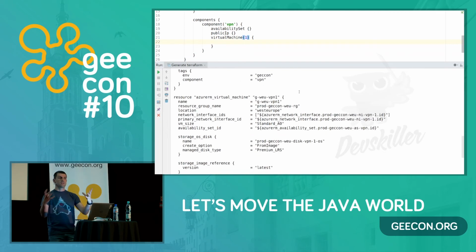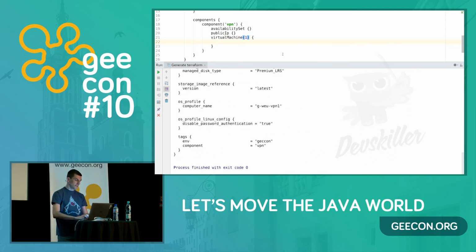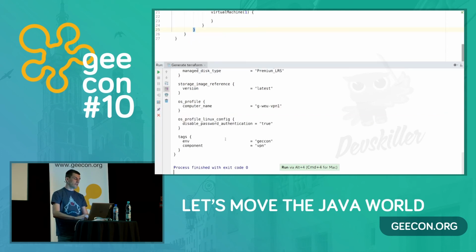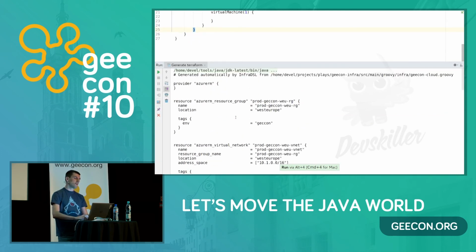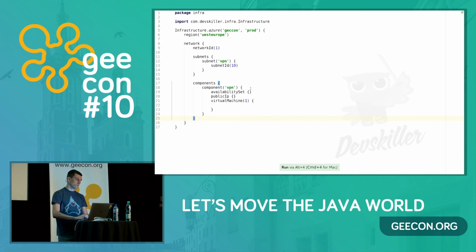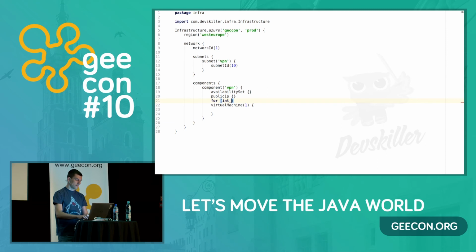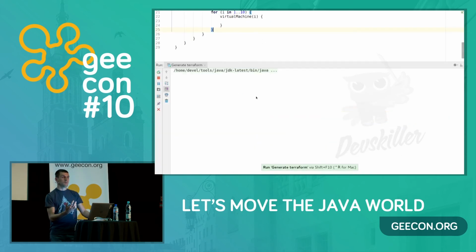So everything is linked automatically by convention, and the difference is that here I have just a few lines of code, and it produced a giant amount. Of course, I can do something like this, and I can generate it automatically.